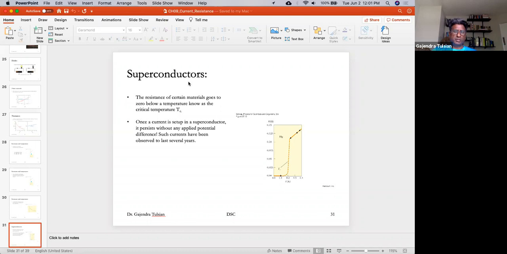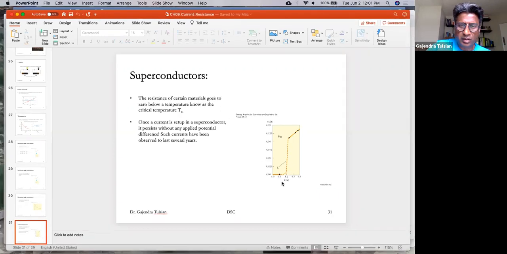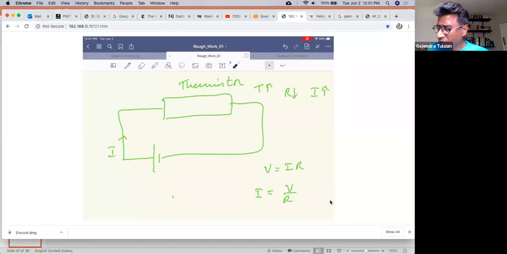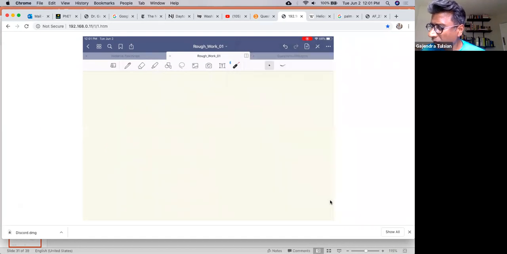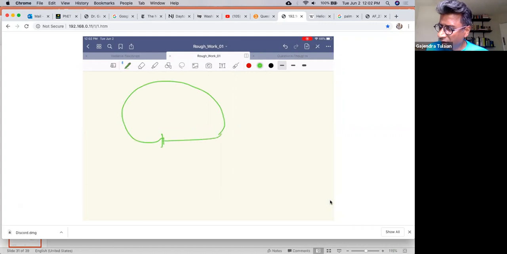And that has become a superconductor, meaning what happens is the following. Let's say here's a material, you've got a battery, and you pass a current through it. Now you start dropping the temperature.